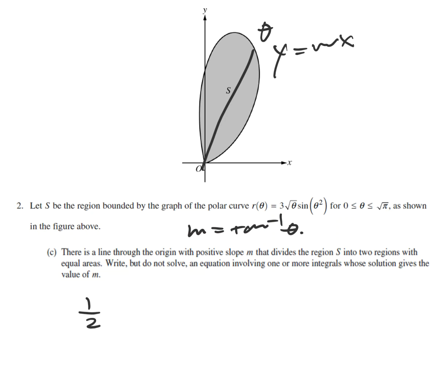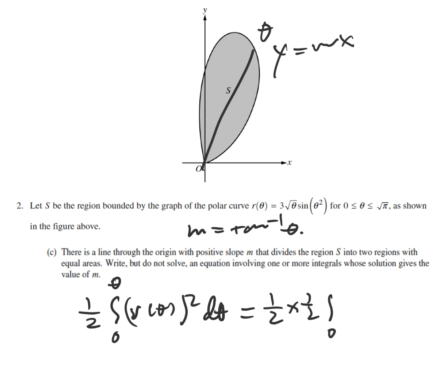So we can say that the area from 0 to theta, 1/2 the integral from 0 to theta of r of theta squared d theta, equals half of the total area, which is 1/2 times 1/2 the integral from 0 to square root of pi of r of theta all squared d theta.